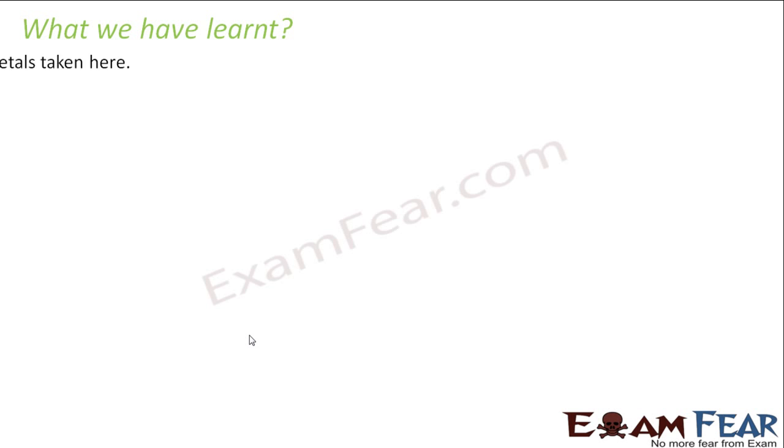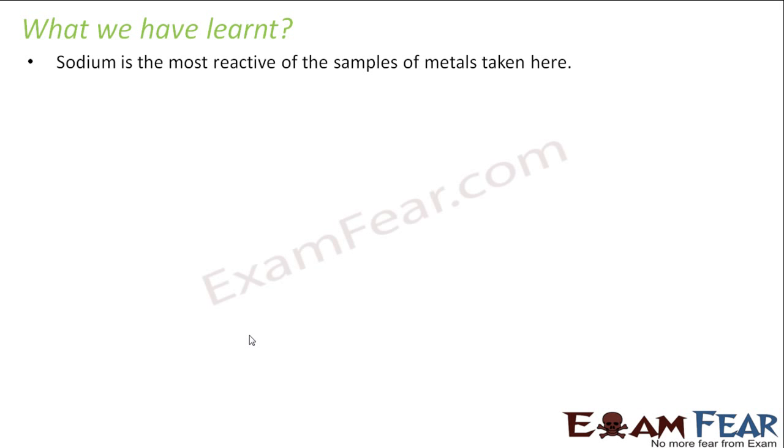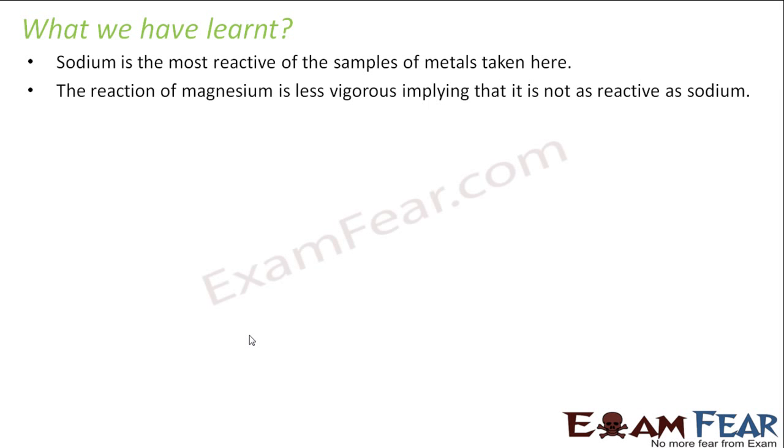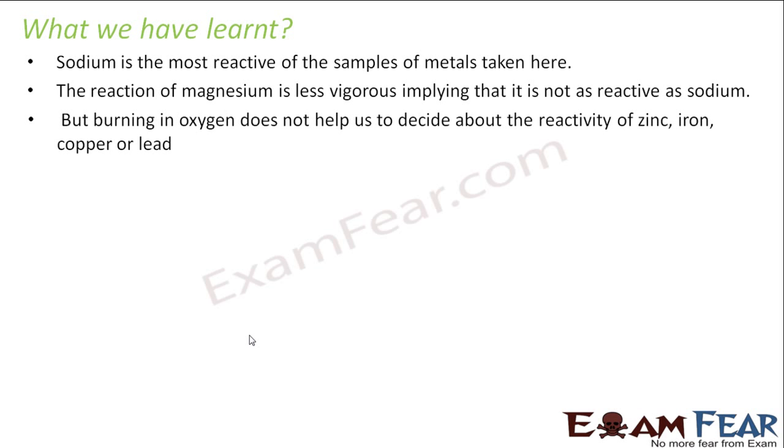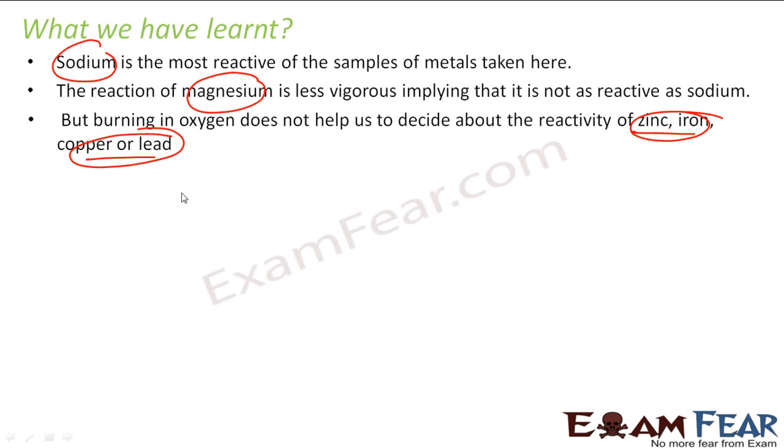So let's do a recap on what we have learned till now. We have learned that sodium is the most reactive metal. The reaction of magnesium is less vigorous than sodium, but it is not as reactive as sodium. But the burning in oxygen didn't help us to decide the reactivity of zinc, iron, copper or lead. But till now we know sodium is the most reactive, and magnesium is a little less, in the middle, and then we have this bunch of metals.